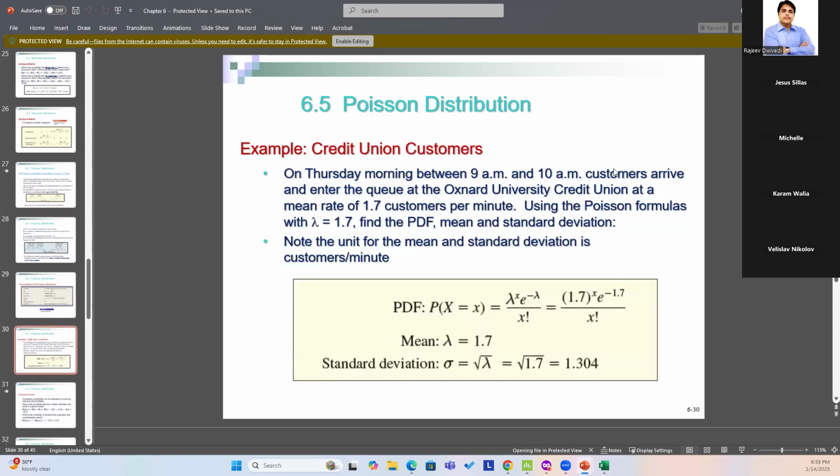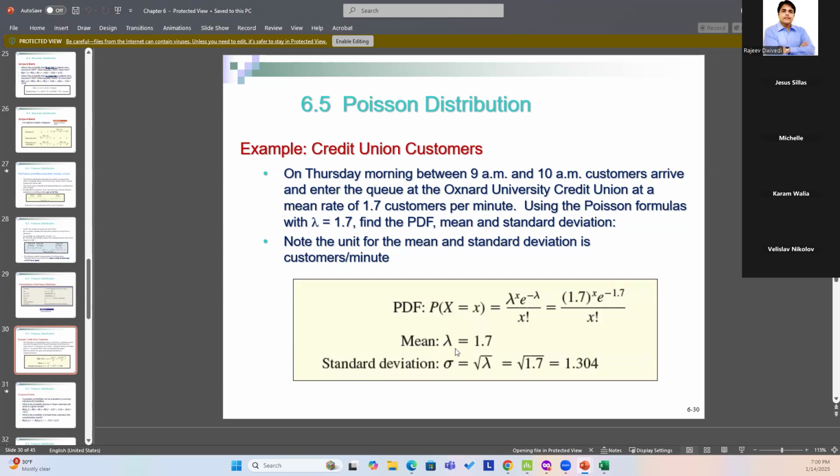Now look into that. Here the most important thing is lambda. You should know the average first. Once you know the average, put in the correct x value and get the probability.